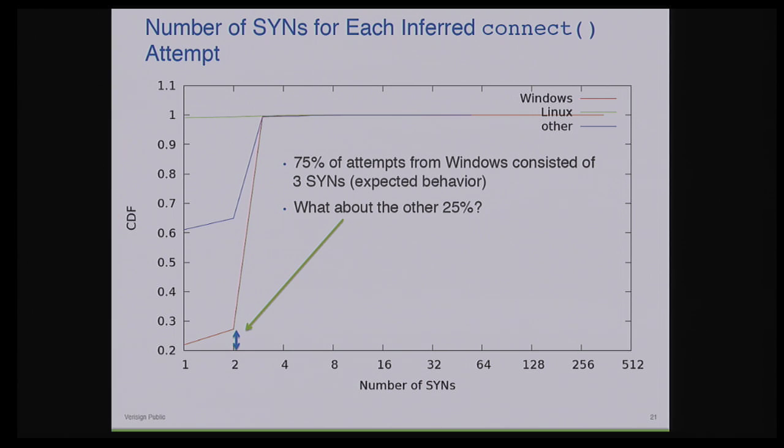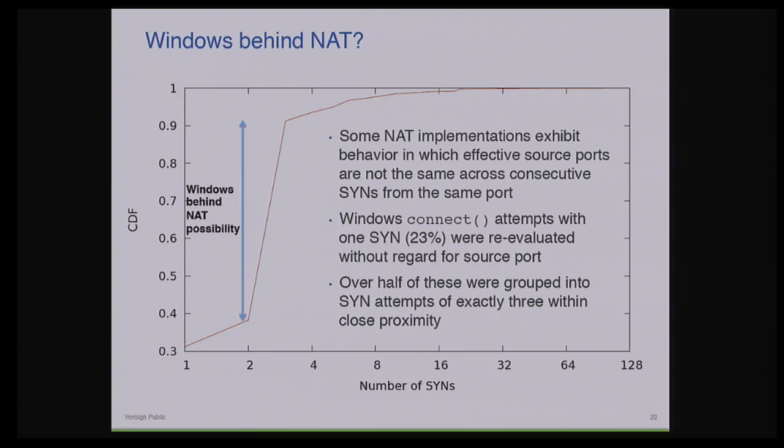If we go to the next slide, we had a hypothesis that with some port-based NATs, the 3 SYNs sent out by a Windows machine would come from seemingly random source ports because of the NAT. That doesn't seem to be the case with all NATs, but we did see some of that. So we grouped these without regard to source port to see what things looked like, and a lot more of the Windows machines turned up.